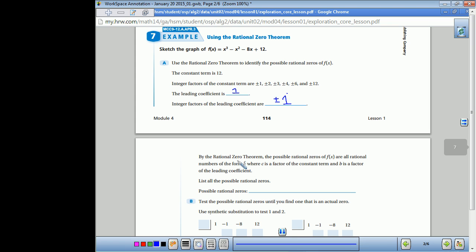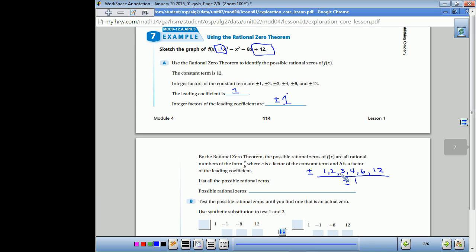We're asked to find all the possible rational zeros or rational roots. So we take all the factors of the constant, which are plus or minus, and I'm going to put the plus or minus at the beginning, and divide that by all the factors of the leading coefficient, which is the understood 1.